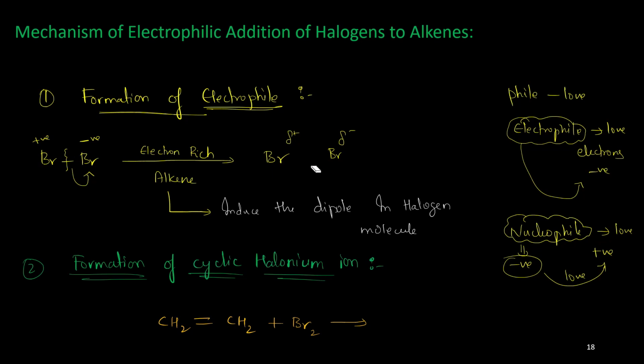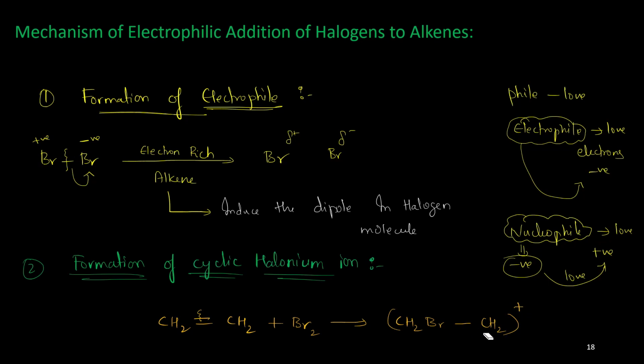That's how one converted into the partial positive, the other into the partial negative. In that, the double bond will be broken here, and one bromine will attach here. So that will turn out to be CH2, Br, and CH2. This entire molecule is somewhat positive, so we call it the halonium ion.